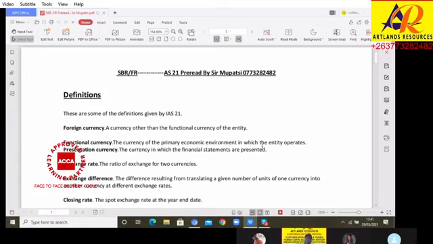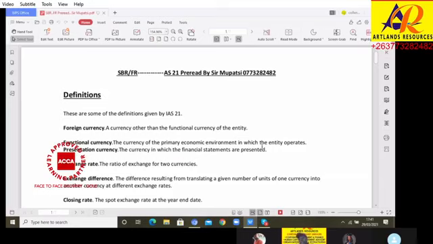If you take South Africa, for example, the functional currency is the rand. It is the primary currency in which the most competitive forces are priced, the currency in which we price ourselves, our labor, our raw materials and so on.